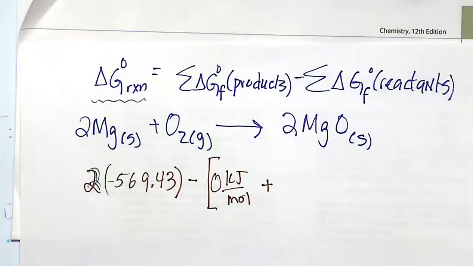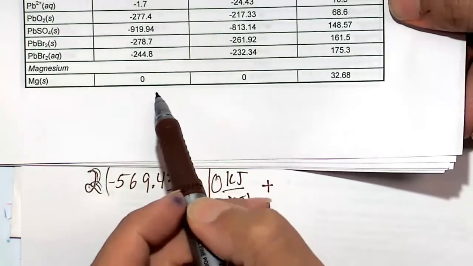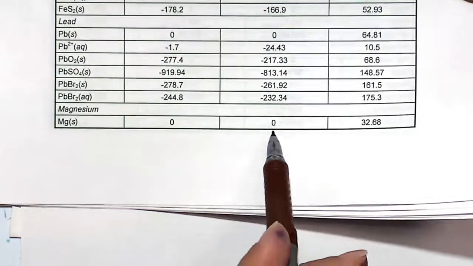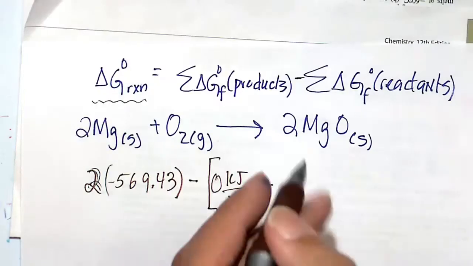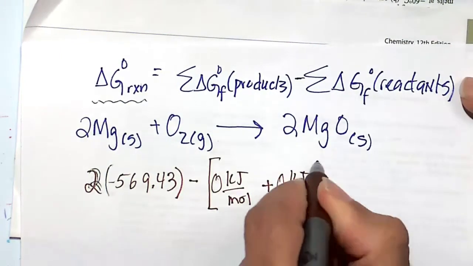That is the default. And yes, I was right. So magnesium has a delta G of 0. This is the delta G right here, and for magnesium, that's 0 kilojoules per mole.